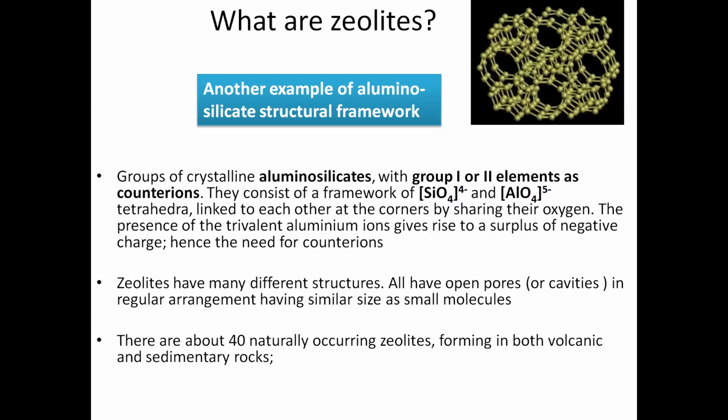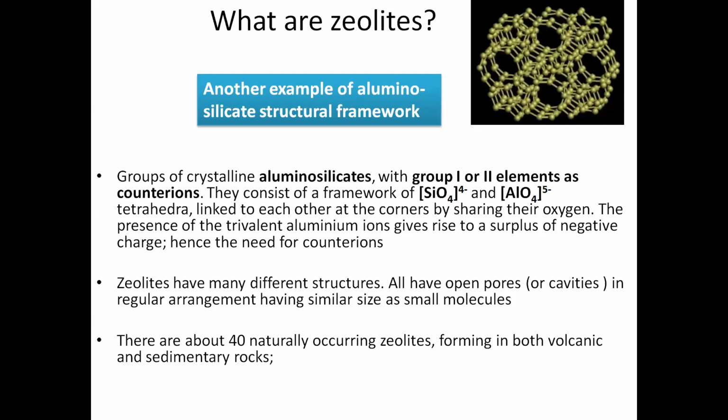They consist of frameworks of SiO4 and AlO4 tetrahedra linked to each other at the corners by sharing their oxygen. The presence of trivalent aluminum ion gives rise to surplus negative charges, hence the need for counterions.